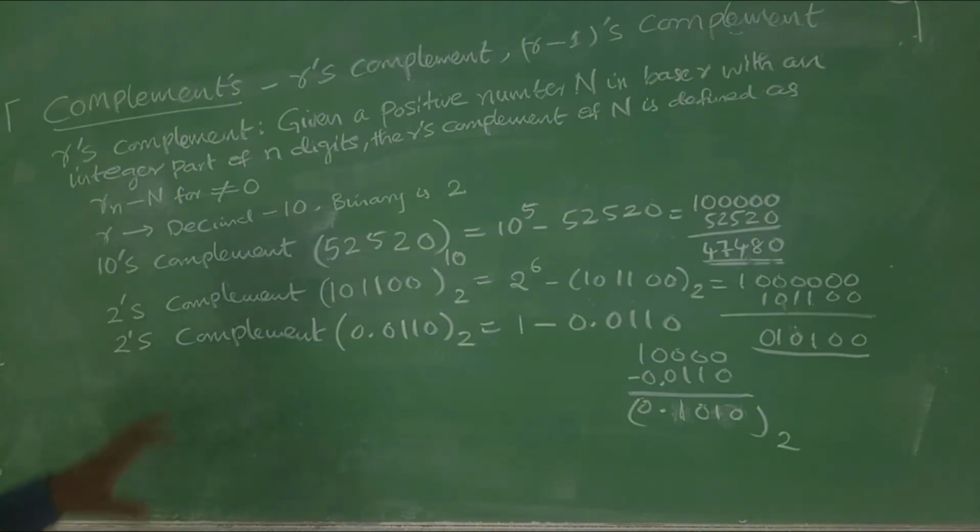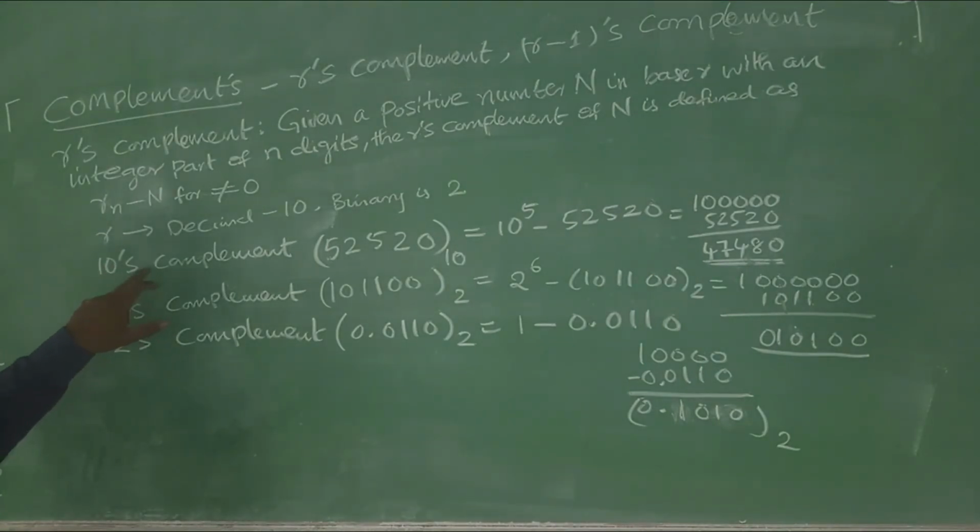So these are the three different cases: 10's complement when it is an integer value, R's complement that is 2's complement when it is an integer value, and when it is a binary fractional value. This is the major procedure followed to compute the R's complement.